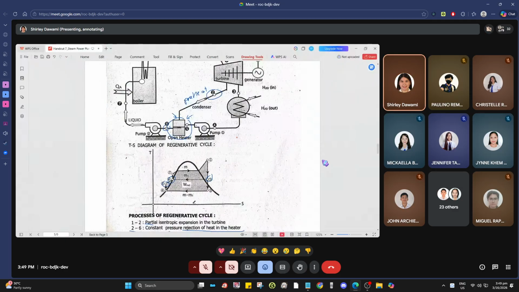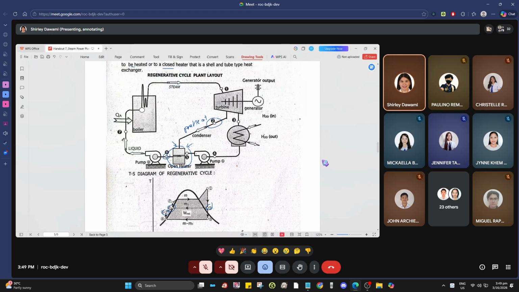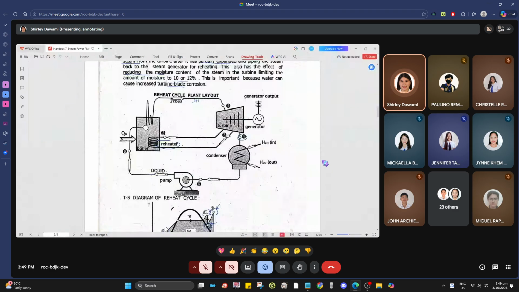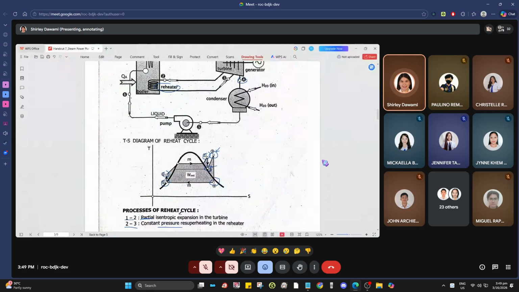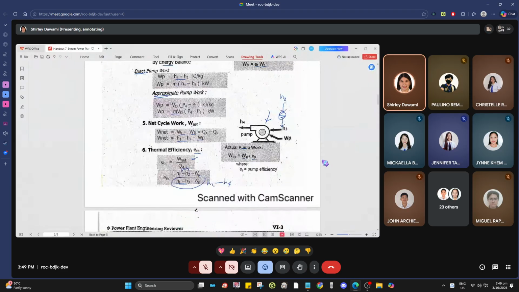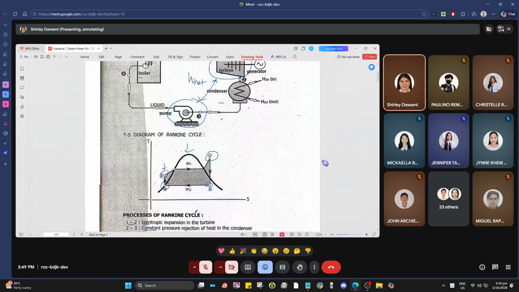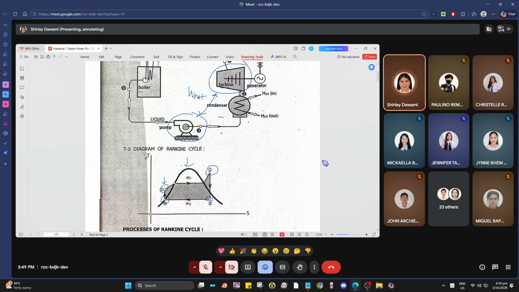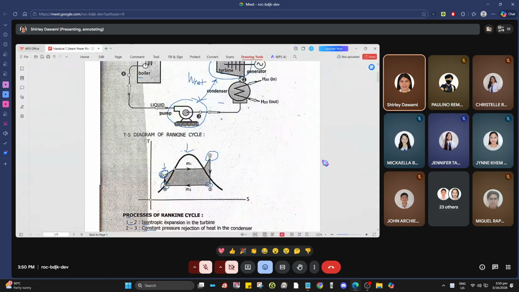So what is the advantage or benefit of this? The heat energy needed to turn water into steam in the boiler is not as large, it is reduced. In the Rankine cycle, what enters the boiler is subcooled liquid.